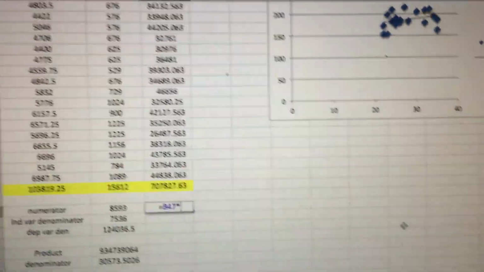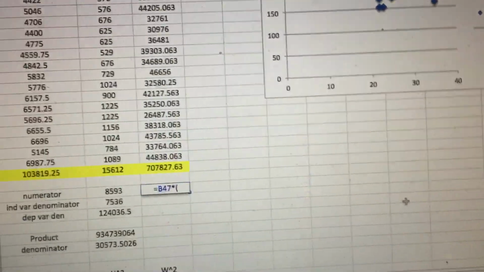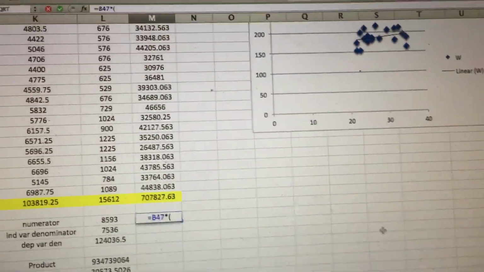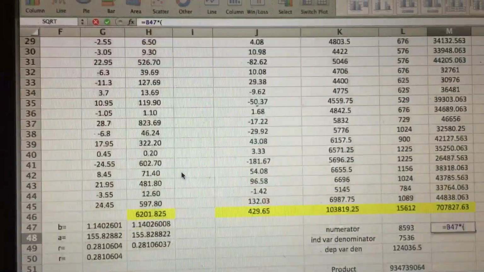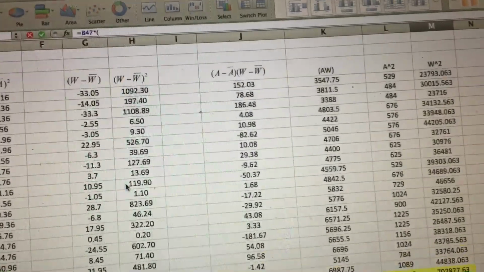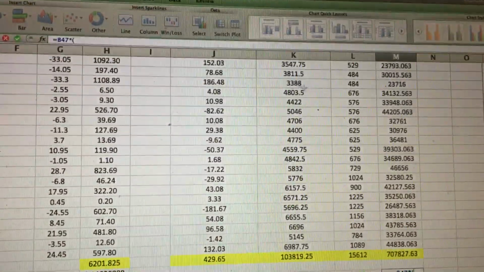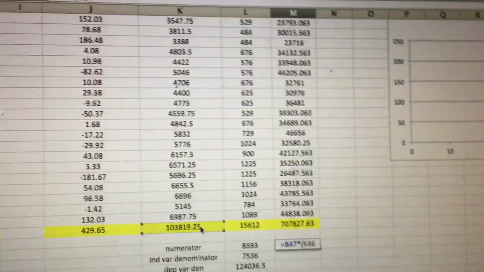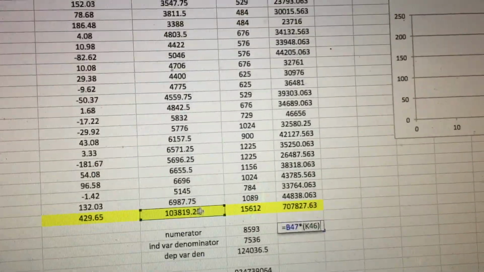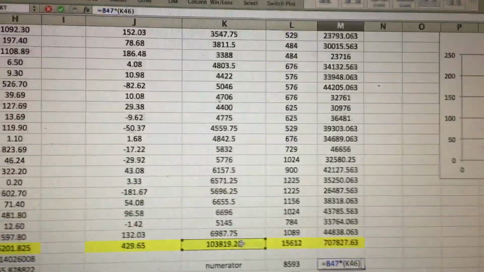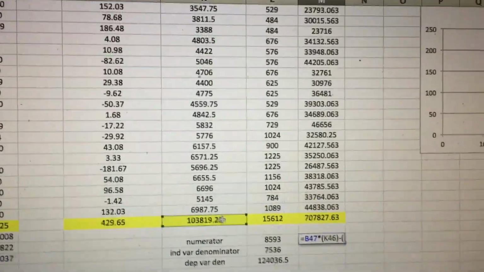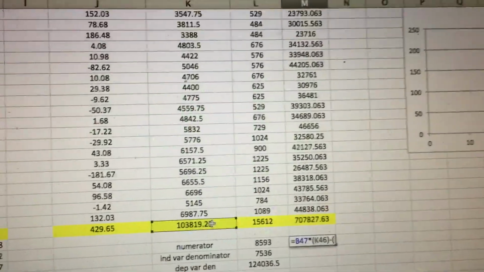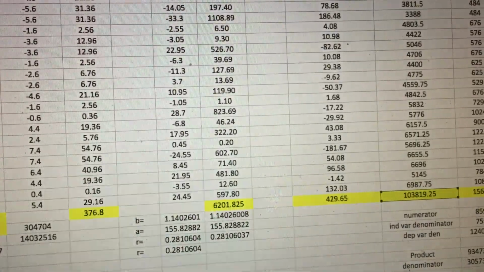And it says we're going to times the count by, and we're going to put in these brackets, we're going to put what is the total of xy. Where is x? I mean AW, because A independent times dependent. So we're taking the sum of that.